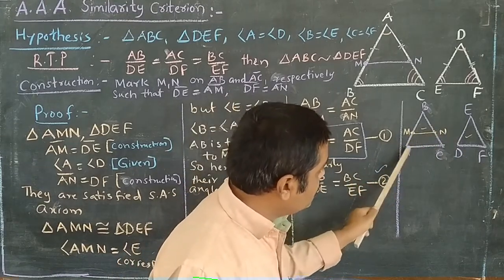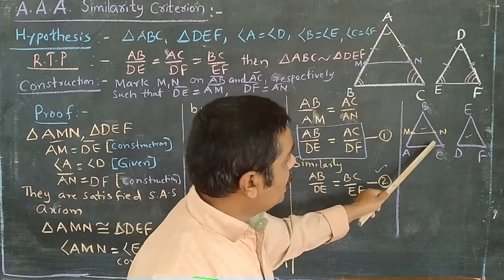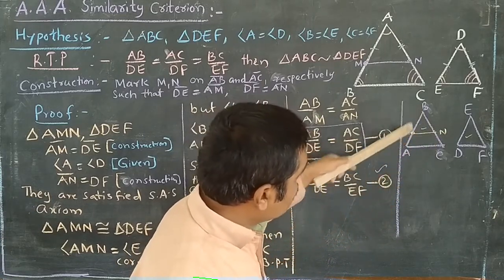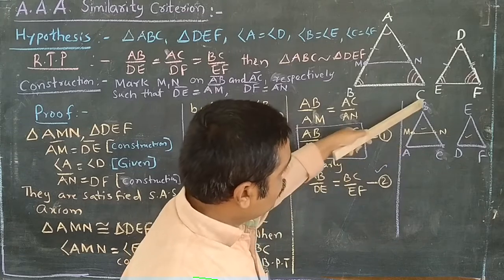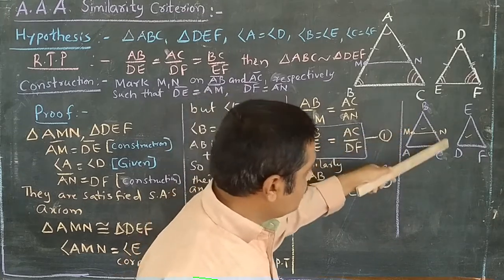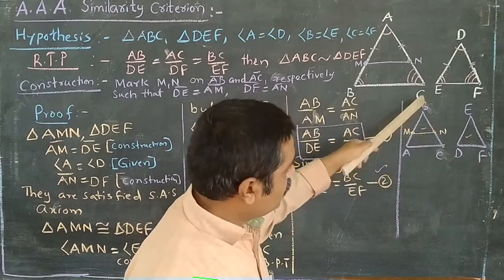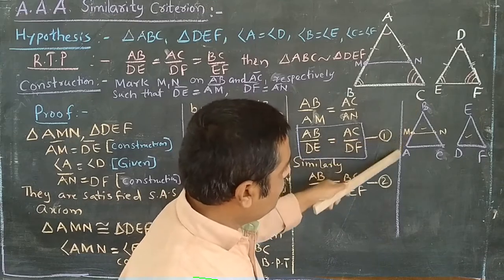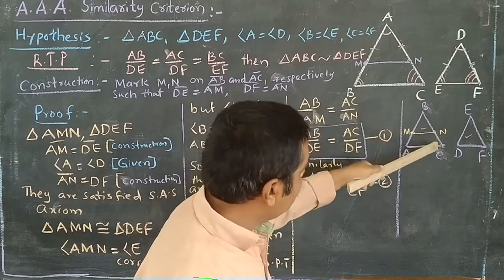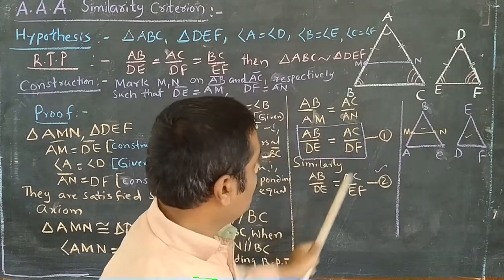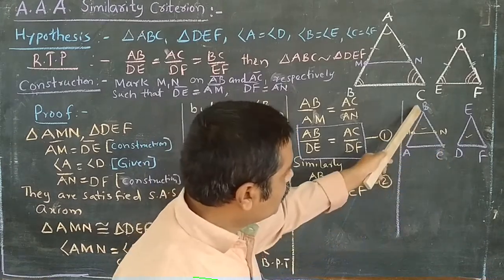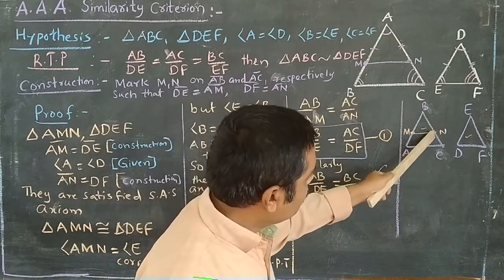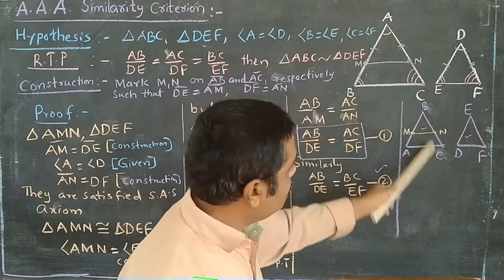When it is parallel to this line, we can say according to the basic proportionality theorem, here BA by BM is equal to BC by BN. BA we can write as AB, instead of BM we can write as DE. AB by DE is equal to BC by BN. Instead of BN we write as EF. What we get? BC by EF.